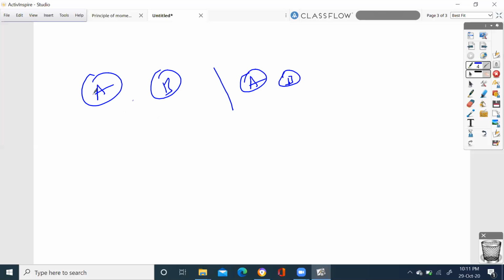So they collide and move on in the same direction. Object A's new velocity is 6. So in other words, they separated. We have A and B, and then A and B again. This is of mass 2 kilograms, velocity 8 meters per second. This is 4 kilograms, velocity 5 meters per second.